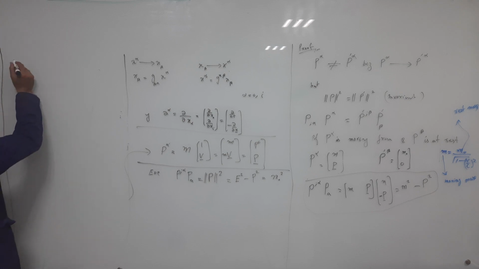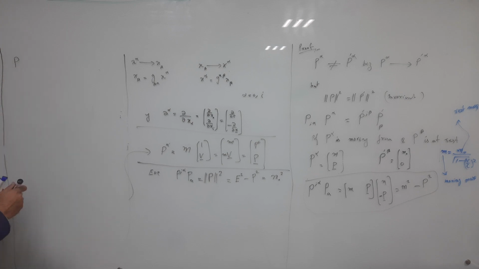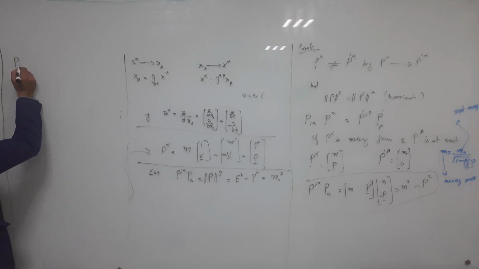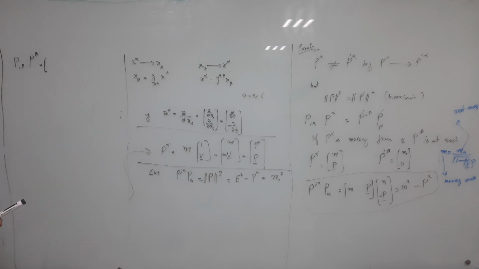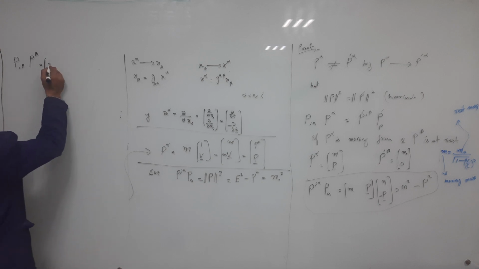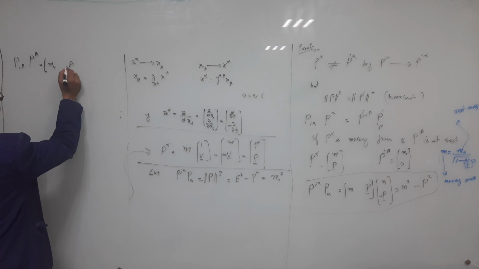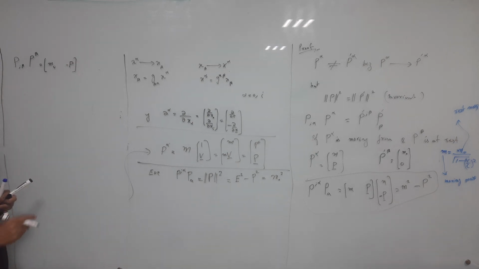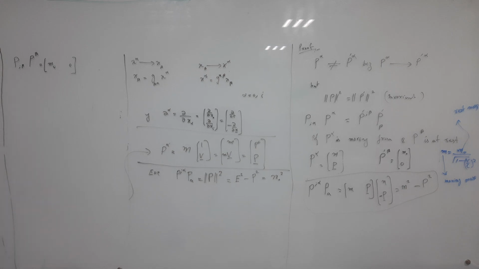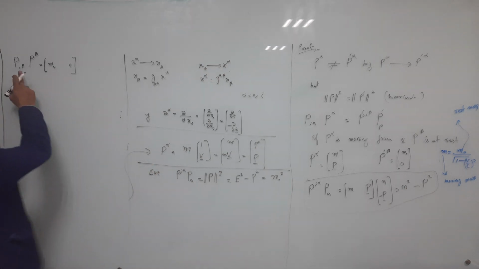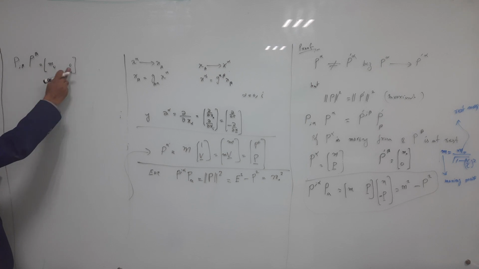Similarly, P beta. This is rho index, so this will be M naught P, M naught 0. Why is there no minus?